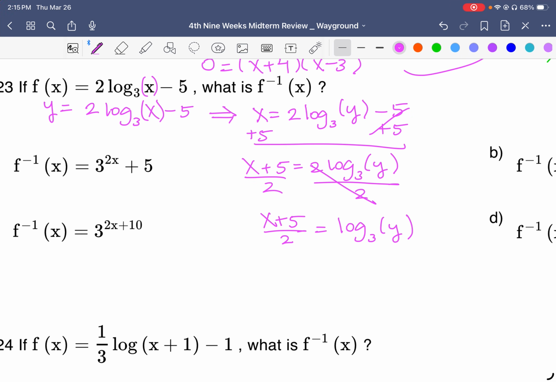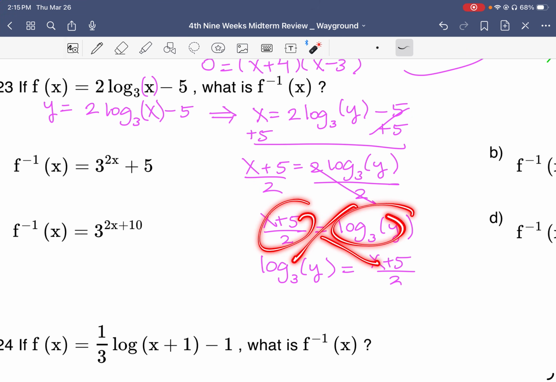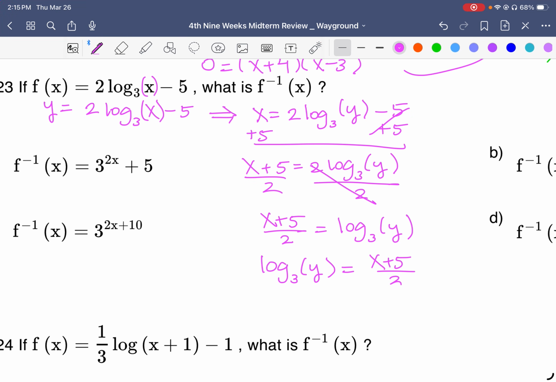Now usually we always have the log or the exponential on the left-hand side, so all I'm going to do is swap them around, because the next step is going to be my loop-de-loop. I haven't done anything, I just switched the order.